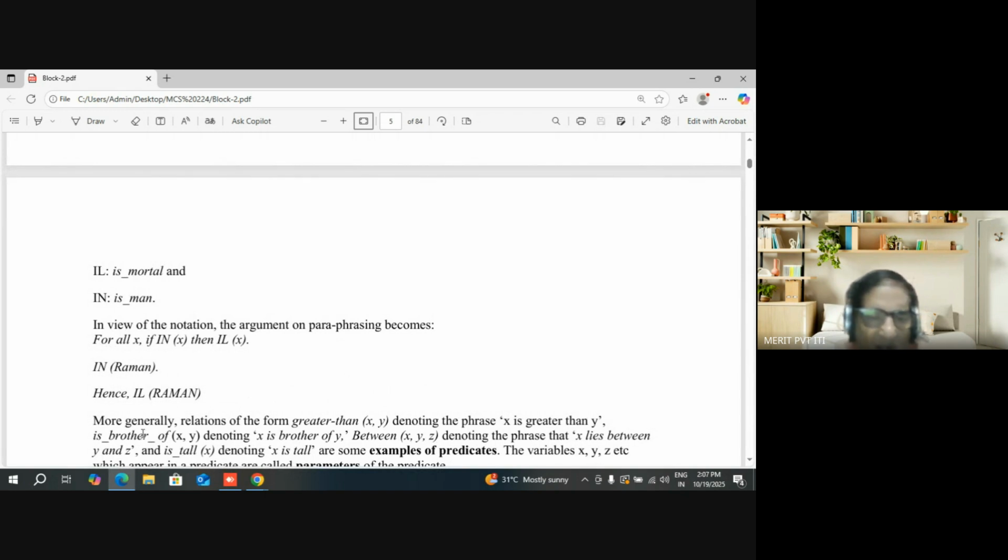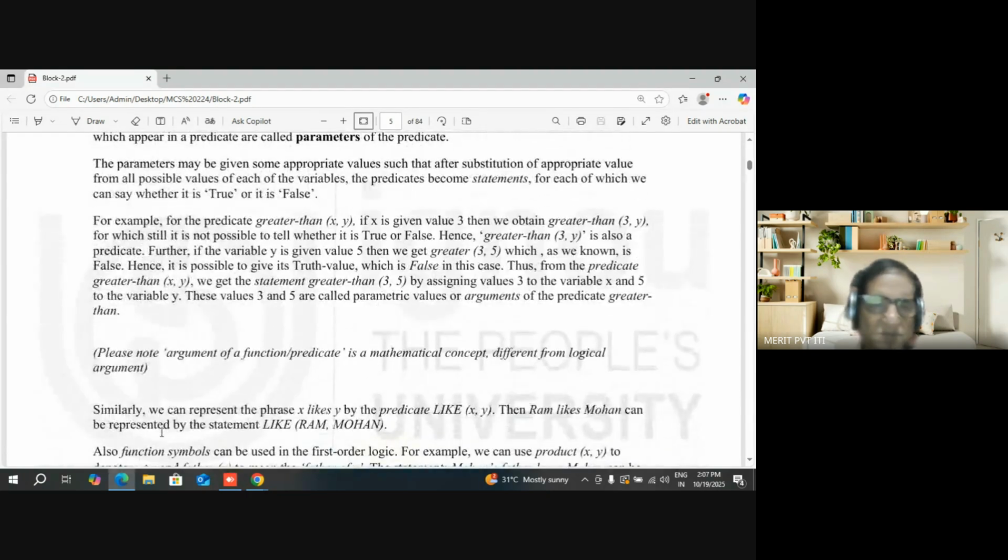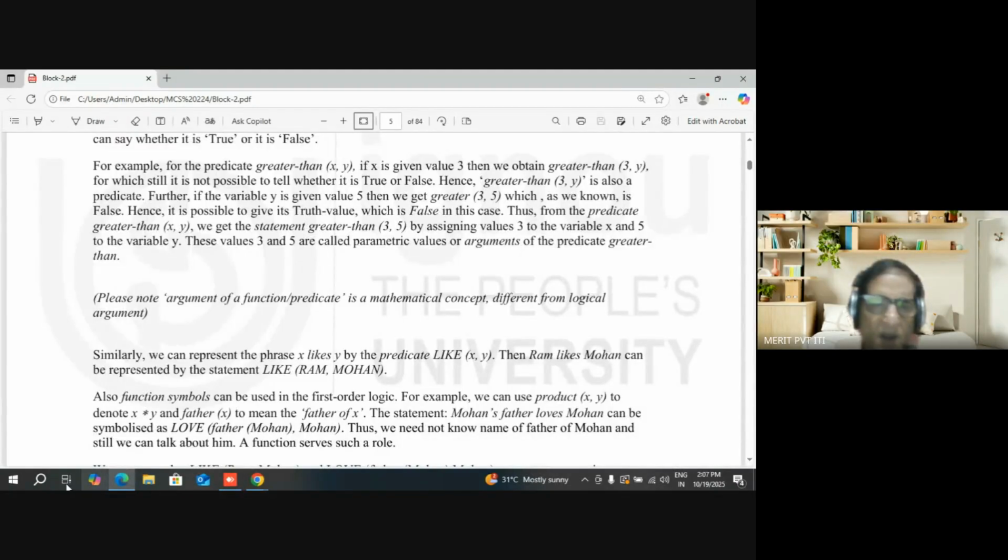More generally, relations of the form greater than(x, y) denote the phrase x is greater than y; brother of(x, y); between(x, y, z) denotes that x lies between y and z, etc. The argument of a function predicate is a mathematical concept different from a logical argument.